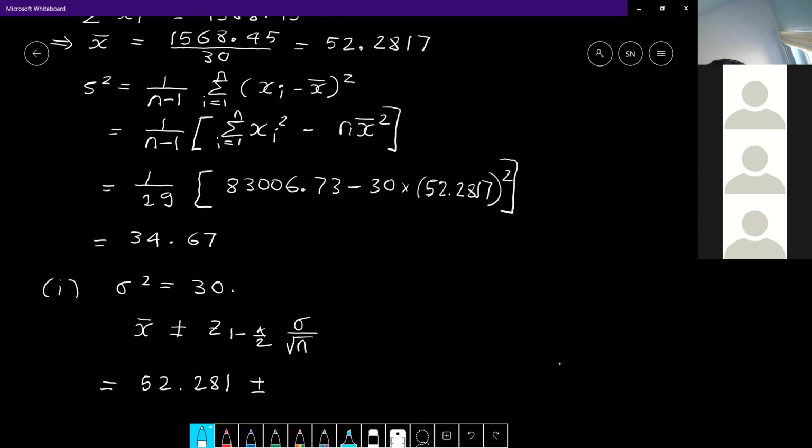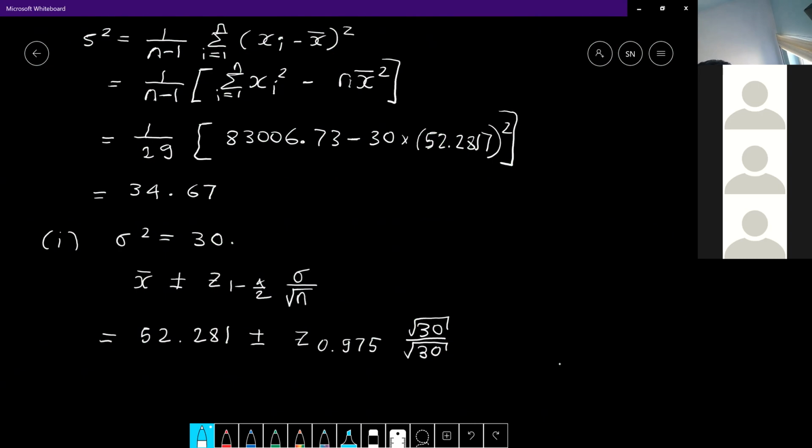Alpha is 0.05 because we are looking for 95%. So alpha by 2 will be 0.025, so it will be 0.975. Sigma is the square root of 30, and n is also 30, by the way, so they cancel out.